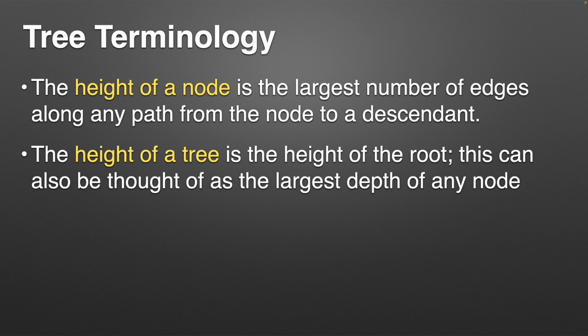Another thing that we use is the height of a node. It's the largest number of edges along any path from the node to a descendant. The height of a tree is the height of the root. So it's basically saying how deep the tree goes in the most extreme case. If we're doing levels, it's the highest level number, the furthest down in our drawing.